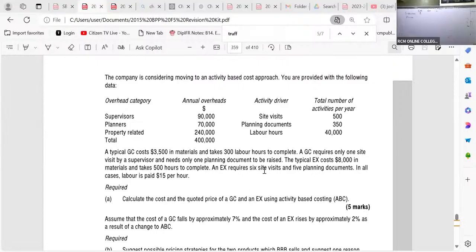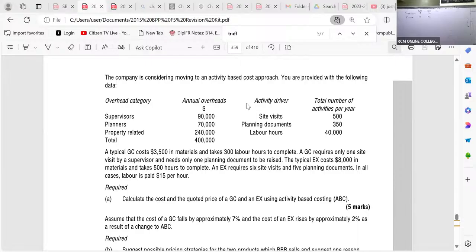X, I remember very well, we required 6 site visits, and then planners, one planning document for GC, and then X is 5 planning documents.